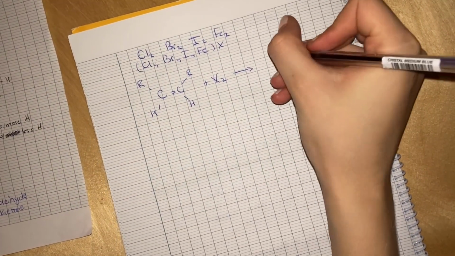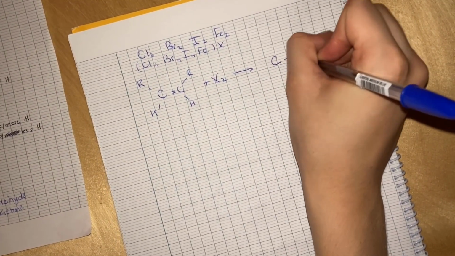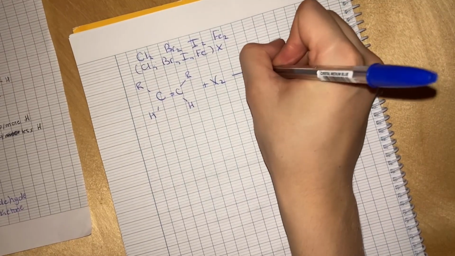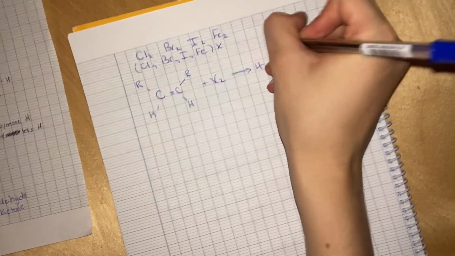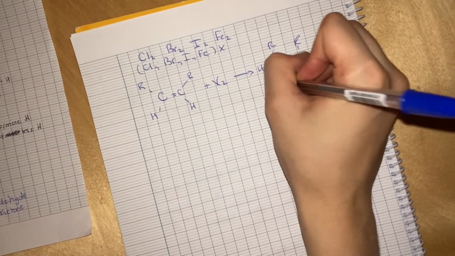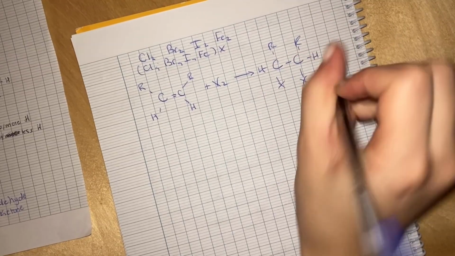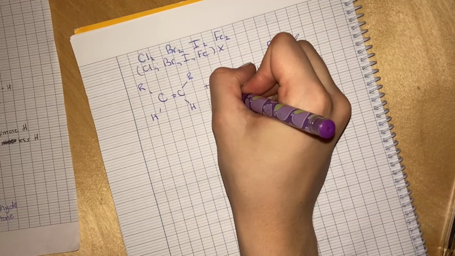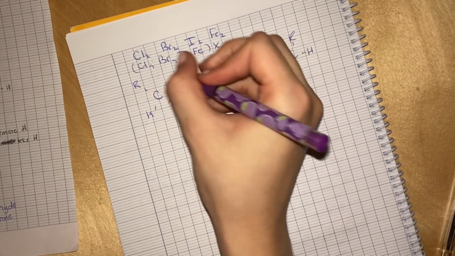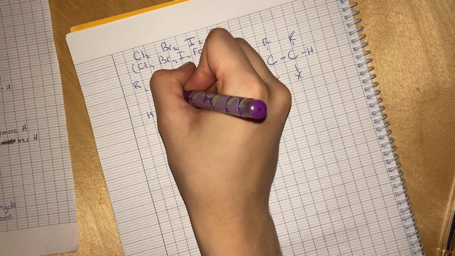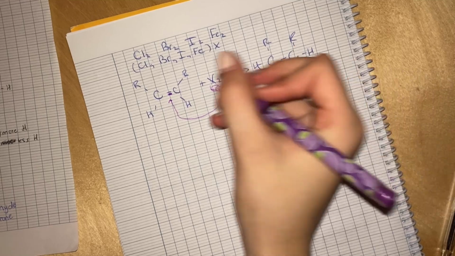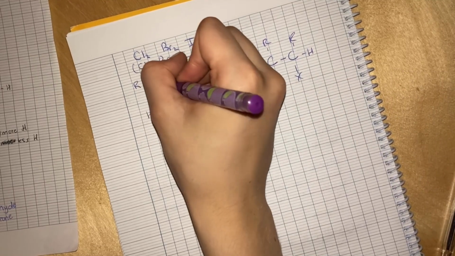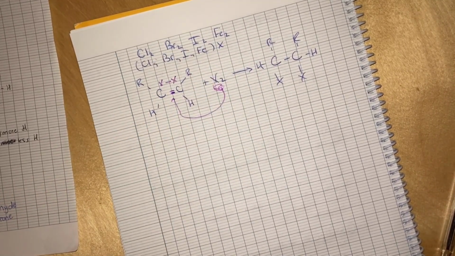Gives carbon bonded singularly to carbon, attached to H, R, and then X. So again, what happened here is that whatever this is came to the double bond right here and removed the double bond, making it a single bond, and instead attached an X in its place.